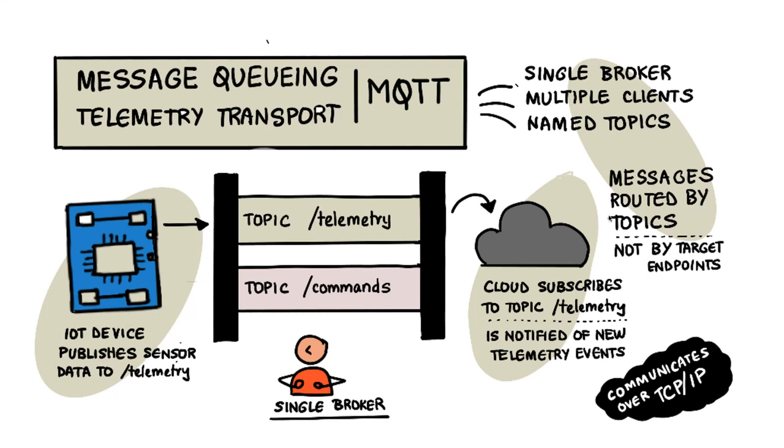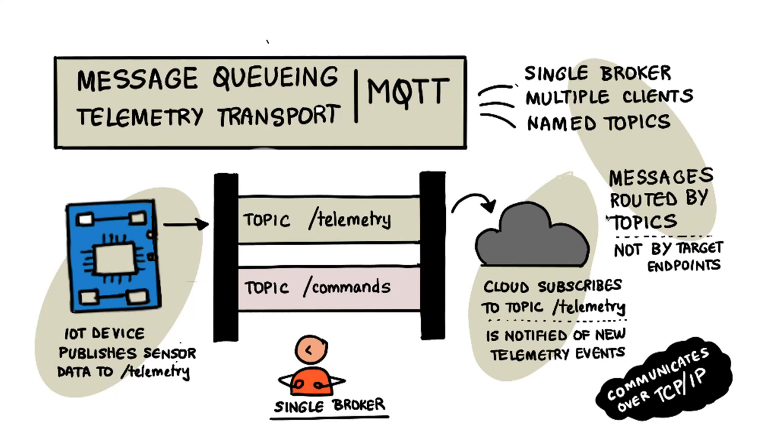There's loads of MQTT brokers out there, loads of open source implementations of this. The idea of this is you have a single broker, and then you have multiple clients that connect with named topics. So you would publish to a topic that has a name, and then something else would subscribe to a topic that has that name. And everything's routed via topics. The broker doesn't care what's connected, how many devices, it's all based off topics.